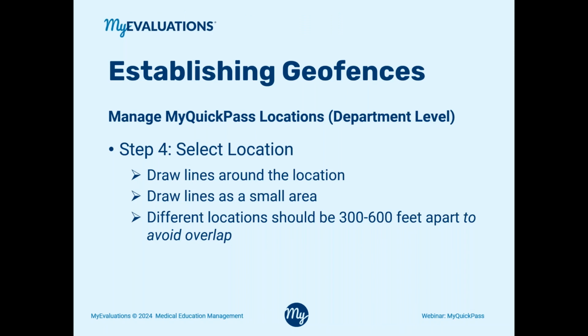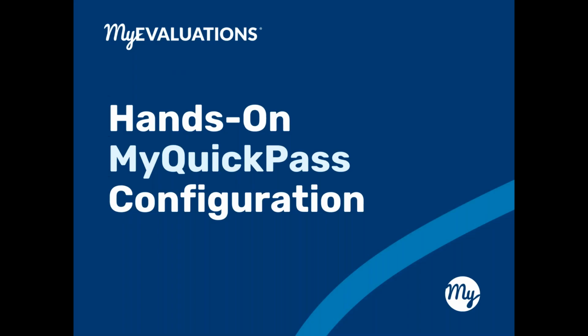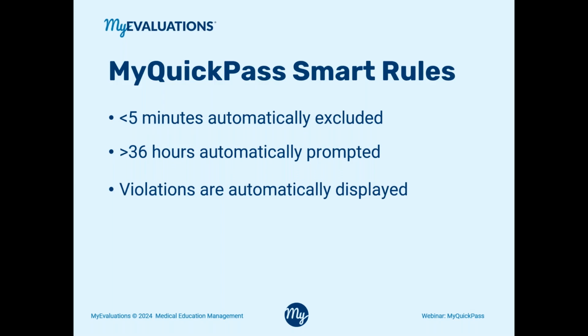So we've gone through the hands-on configuration process. The last part of our review here is just understanding what some of the smart rules in the system are. By default, if a resident goes to a location and spends less than 5 minutes at that particular location, the system will say that that activity is not being reported.